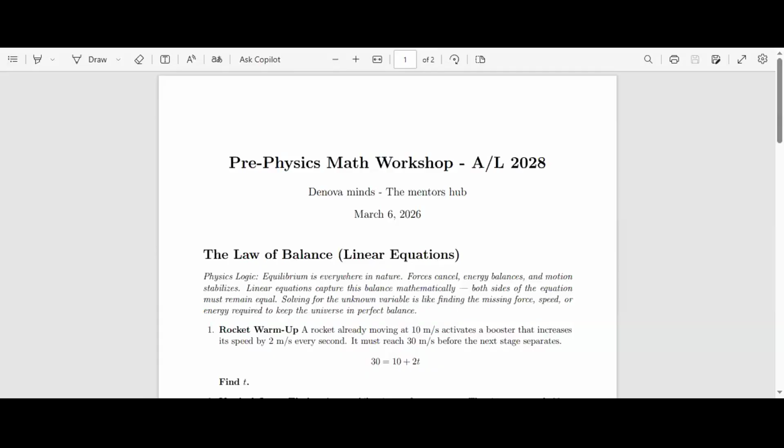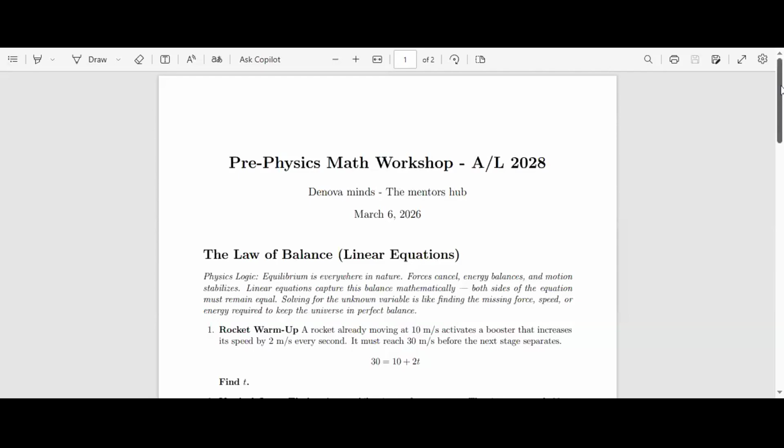So our plan is to go from that point onwards: once you get the equation, how do you solve it? That's what we are focusing on today. You can see I have given some problems, and based on those problems, we have got the equation, and our task is to solve it.